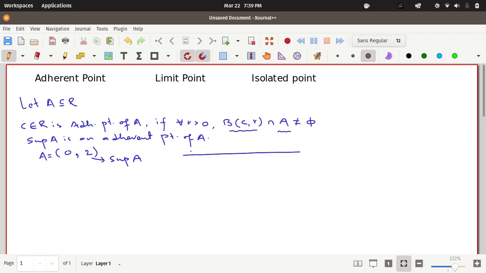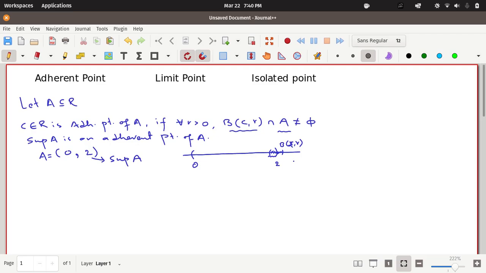Even if we visualize this on a normal line, suppose there we have 0 and there we have 2, we can see that every ball we draw with the center 2, no matter how small the radius is, so this is the open ball with center C and let's say radius R. Here in this case C is 2, the ball with center C and radius R, and it is very clear that this open ball contains some element of this set A. Here you can see the intersection part.